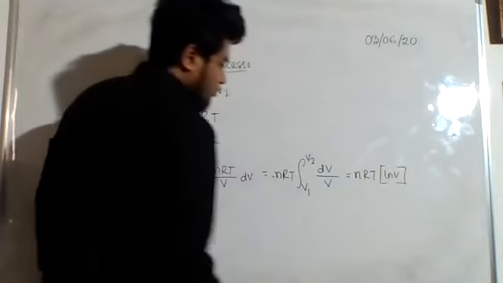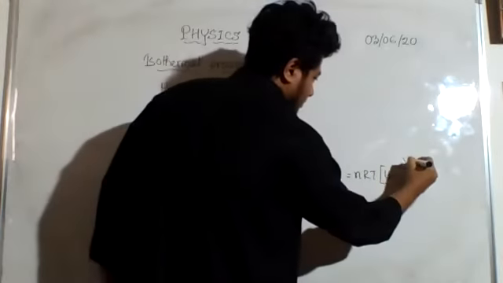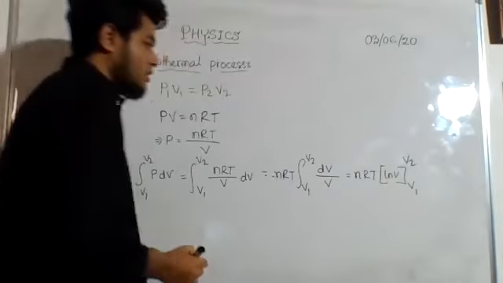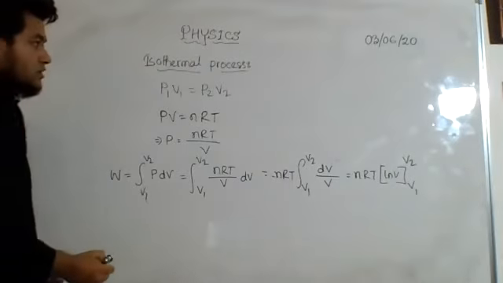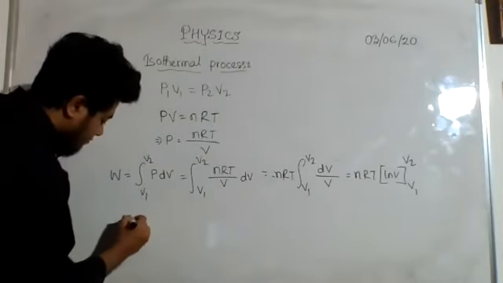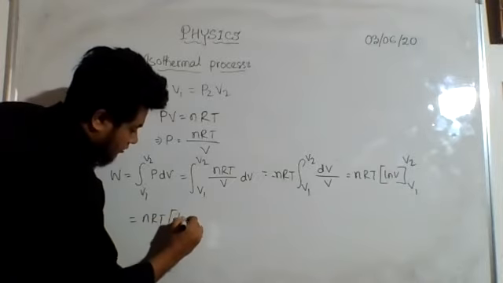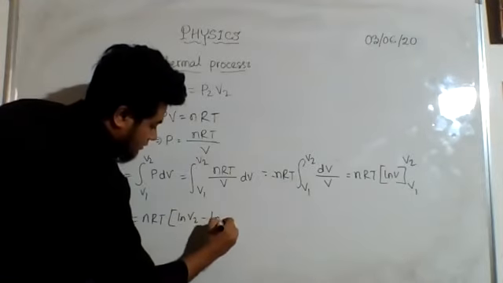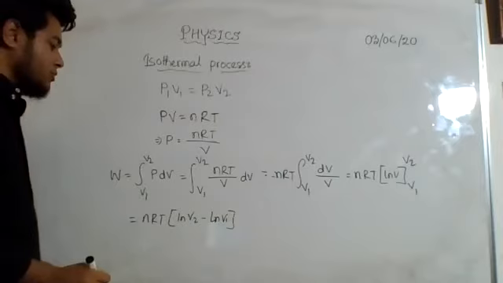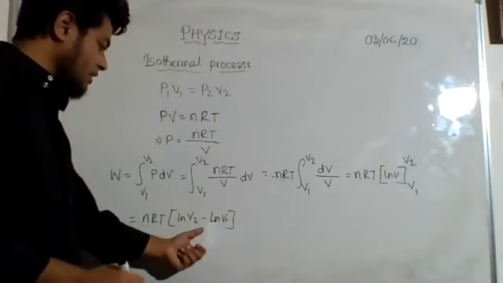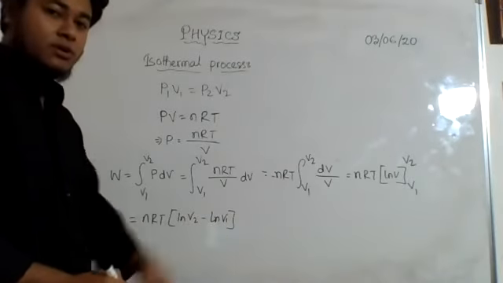I can continue writing here nRT. If I do the integration, it will be ln V, and the upper limit will be V2, and the lower limit will be V1. So continuing the rest of the calculation, nRT, it will be ln V2 minus ln V1. That means V will be replaced by the upper limit minus V replaced by the lower limit.